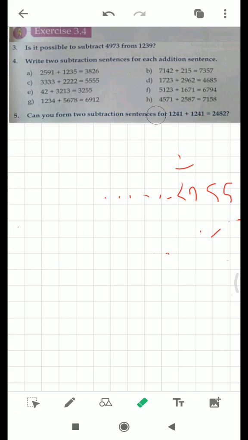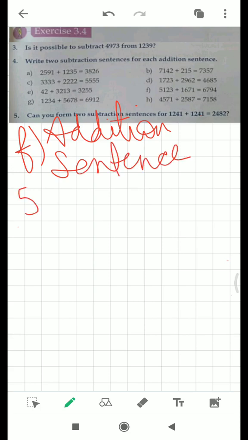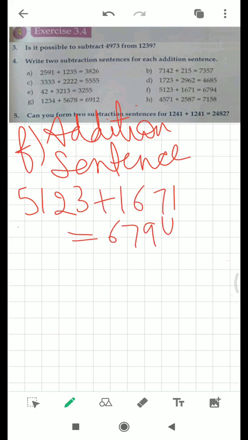now F part. In F part, we have our addition sentence as 5123 plus 1671 equals 6794.